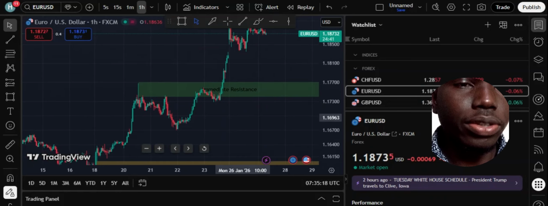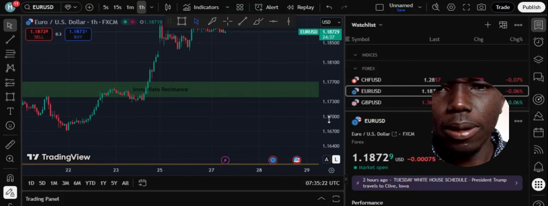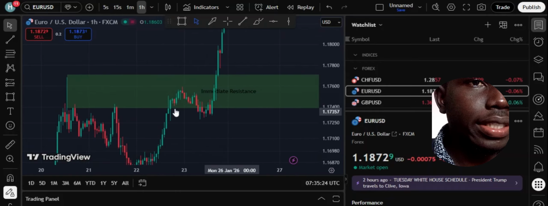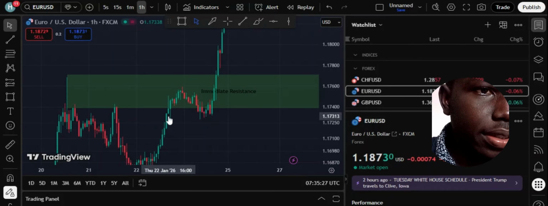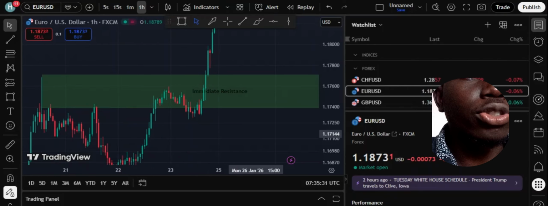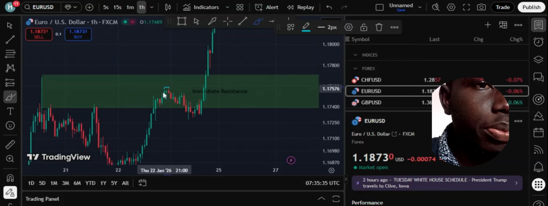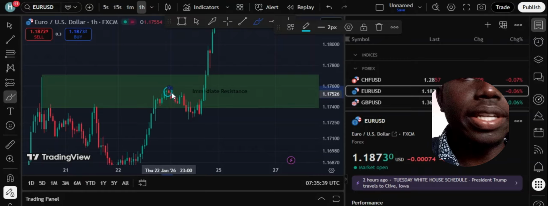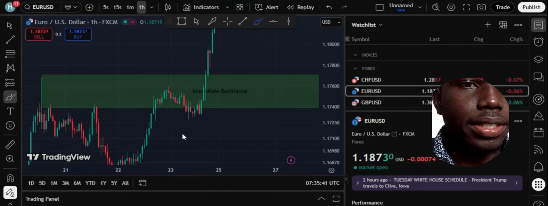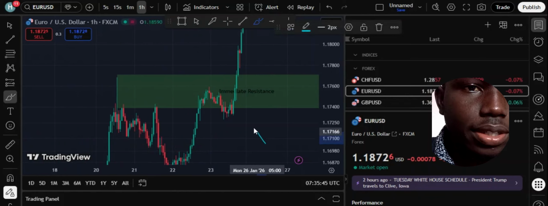One sign I usually use that the resistance is holding strong is the formation of pin bars, such as these ones here. We can see a strong bearish rejection at this point. It held for a moment, then from there it failed to hold. So let's find out why and where it is going.